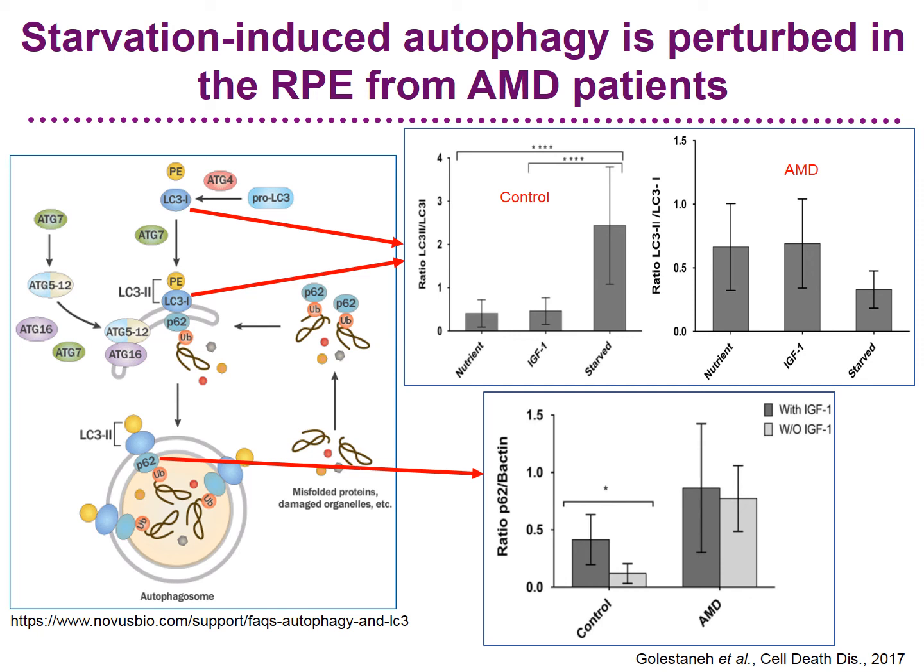Their study showed that the ratio of LC3-II to LC3-I revealed impaired autophagy in AMD RPE as compared with normal RPE. Autophagic flux was also reduced in AMD RPE as compared with normal RPE, as shown by the inability of AMD RPE to downregulate p62 levels during starvation.